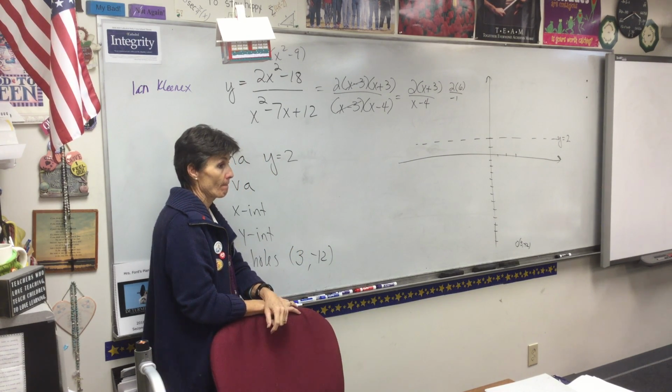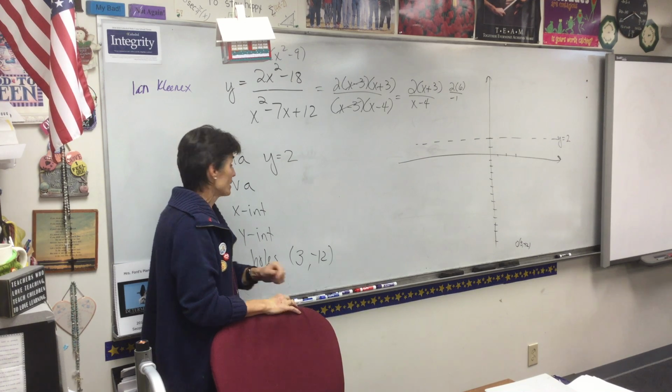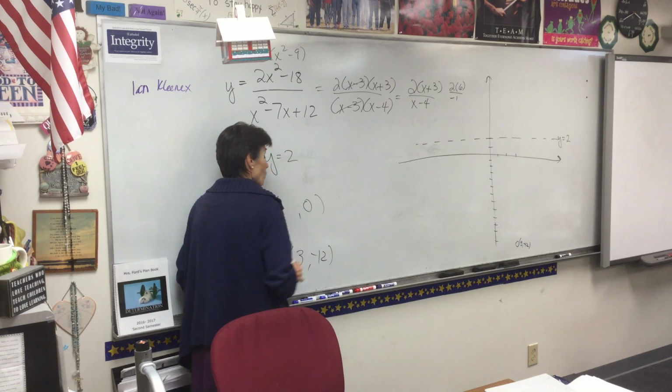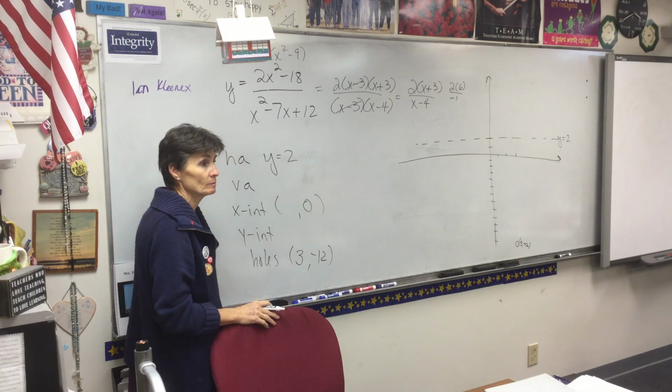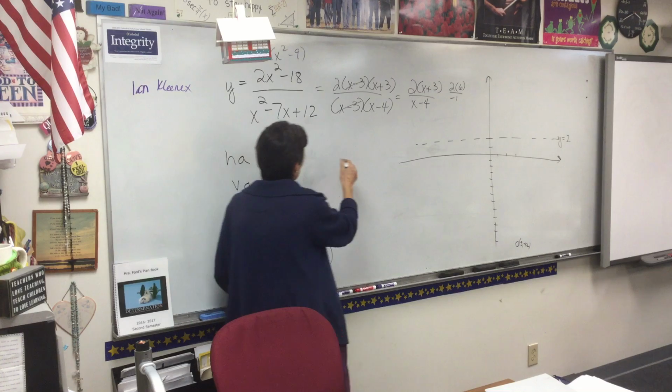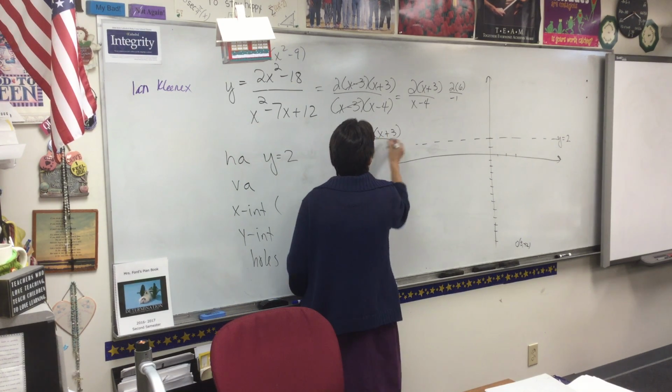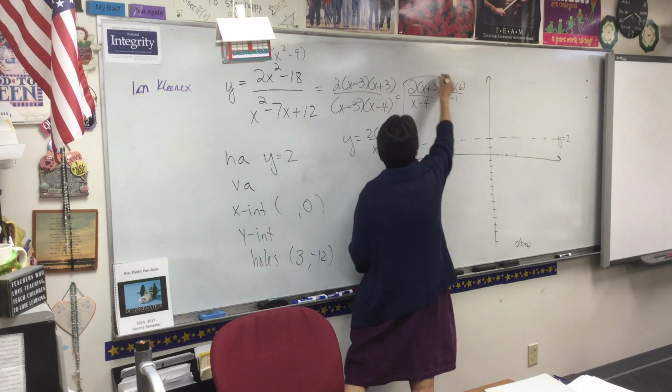All right, good. What else? For your x-intercept, you have to make it. So for the x-intercept, Matthew says y has to be 0. So my equation is this, my new equation right here.